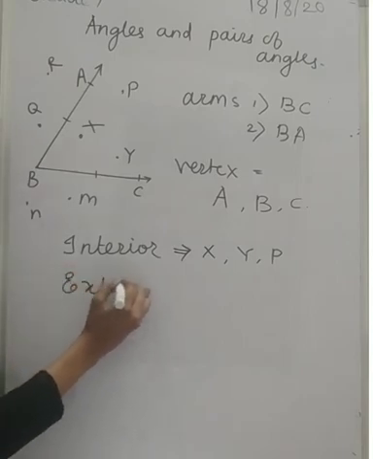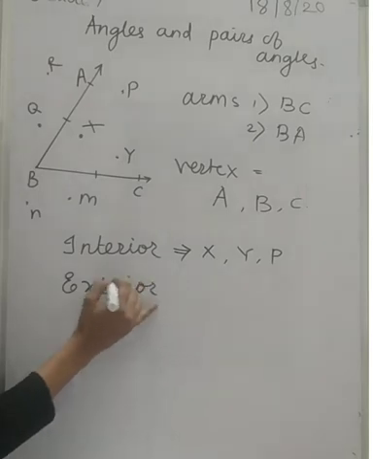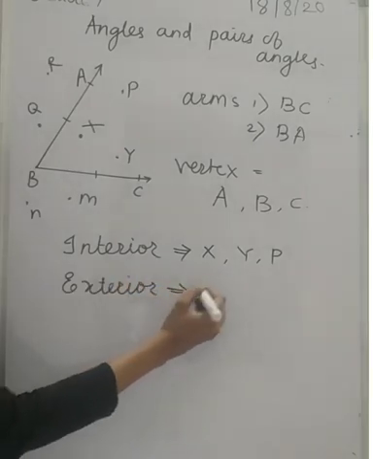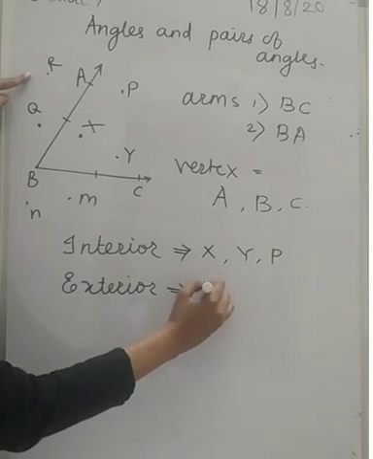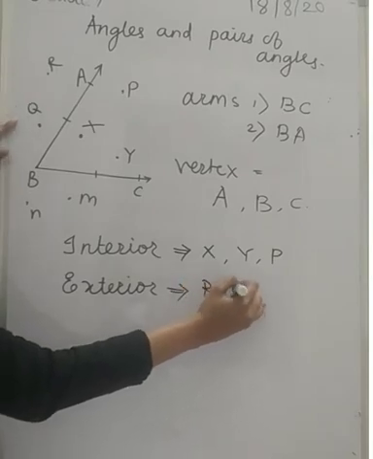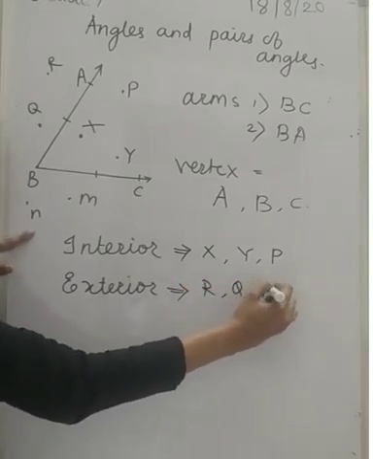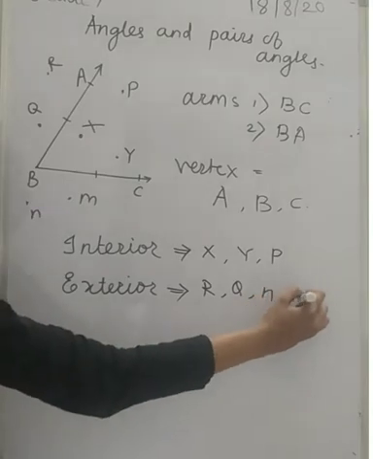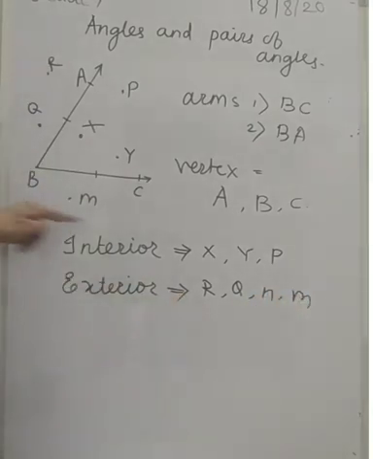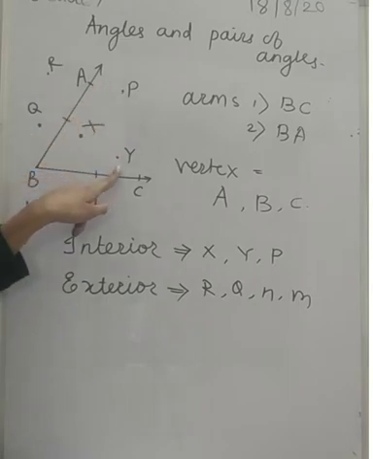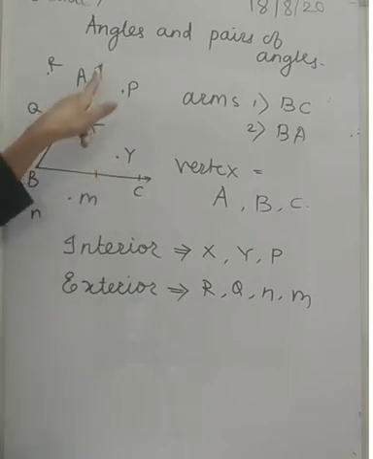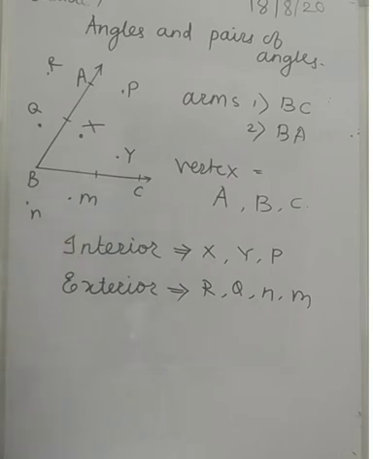So exterior points are point R, then point Q, then point N and point M. So these points are in the exterior and these 3 points are in the interior, and points A, B and C are on the arms.